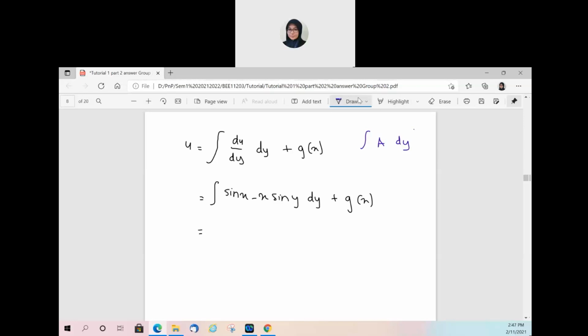You integrate 1 terhadap dy, you get y. X saja, ni tentang x. So the answer is y.